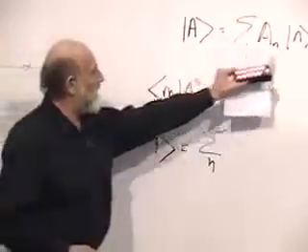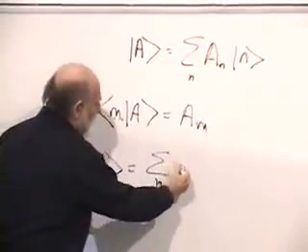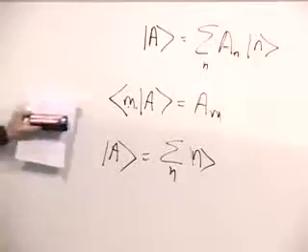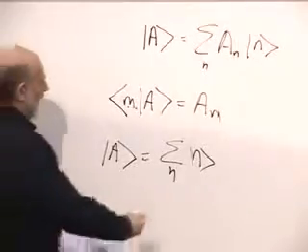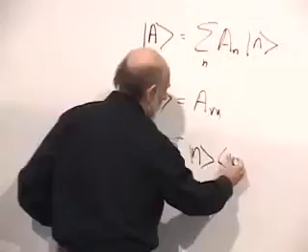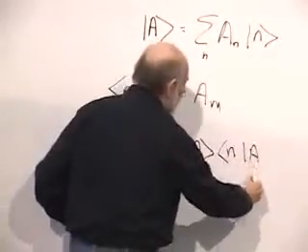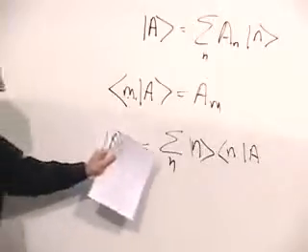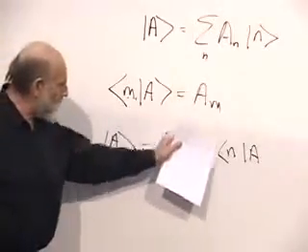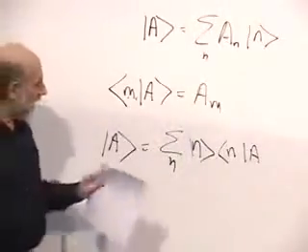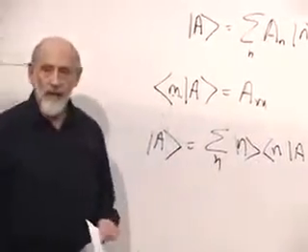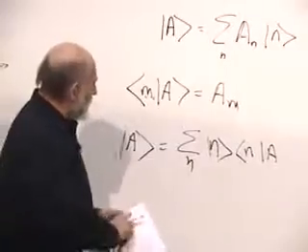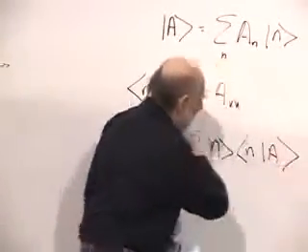Let me write down the vector n first, and then after having written n, let me plug in the coefficient, the inner product of n with A. This is a kind of expression that will occur over and over, where you see an n standing next to an n like that, summed over.